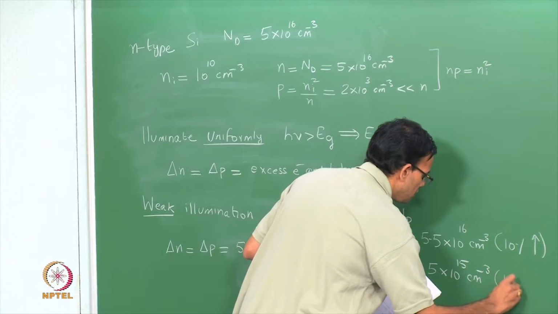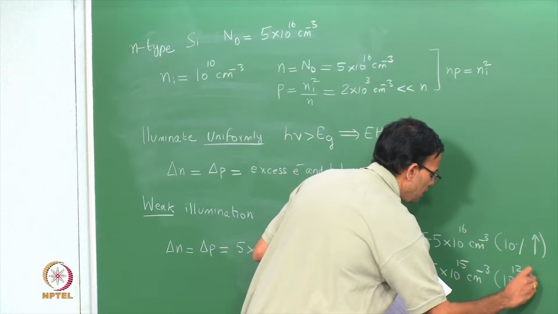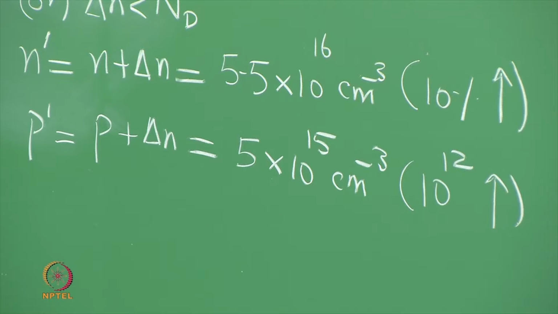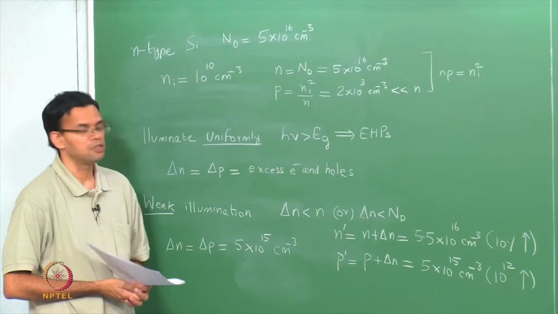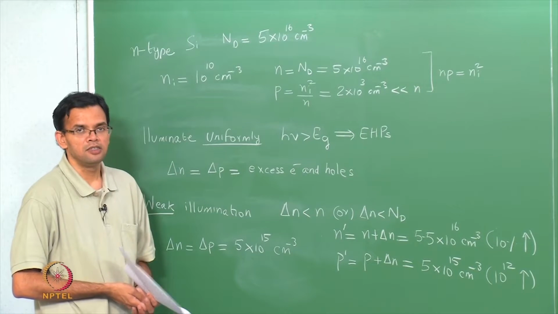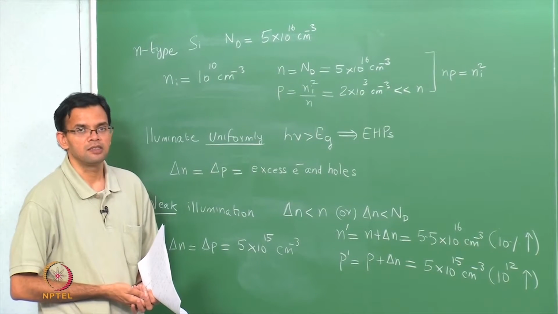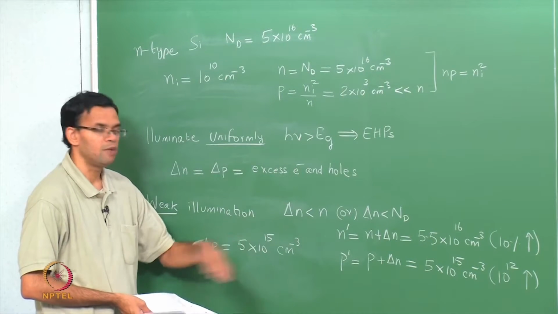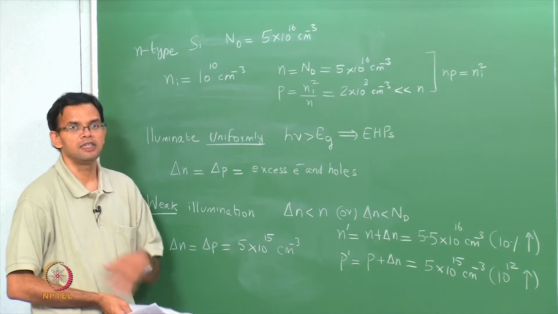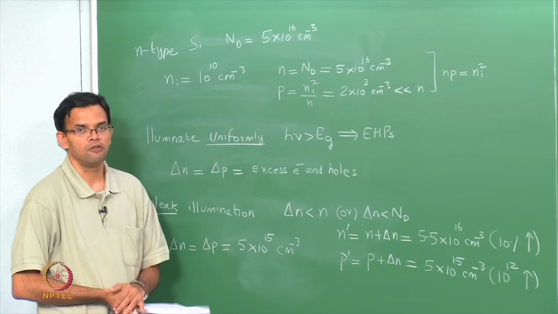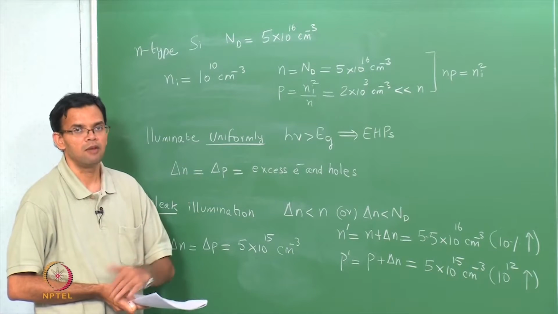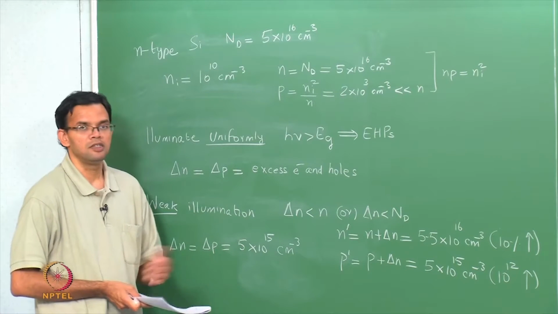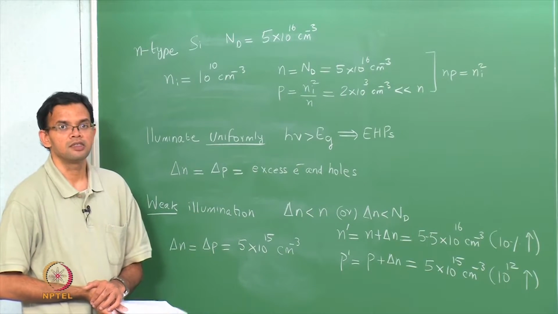So, you have an increase by 12 orders of magnitude. So, the increase in the case of illumination by light is always in the minority carriers. If this had been a p type semiconductor, the argument would have been reversed. We would find a large increase in the amount of electrons compared to holes. So, the increase is always in the minority carriers.